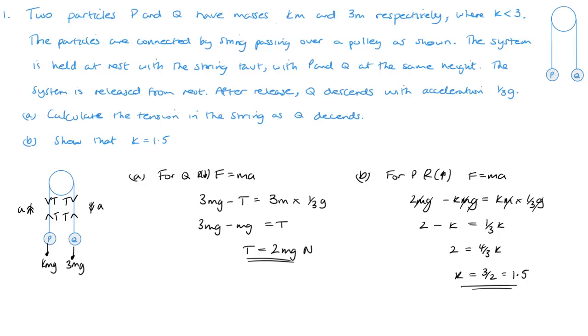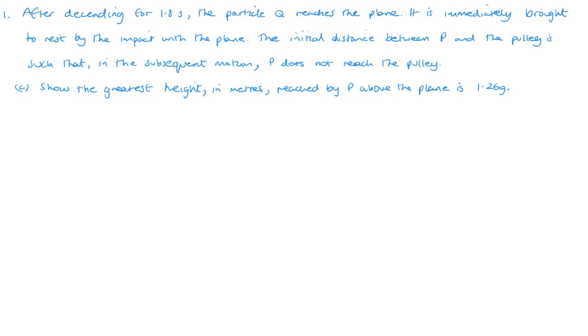So let's move on to the next part. After descending for 1.8 seconds, the particle P reaches the plane. It is immediately brought to rest by the impact of the plane, and the initial distance between P and the pulley is such that in subsequent motion, P does not reach the pulley.